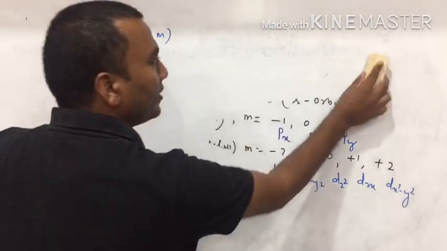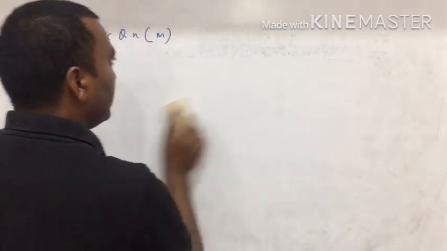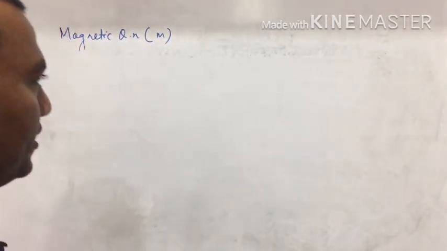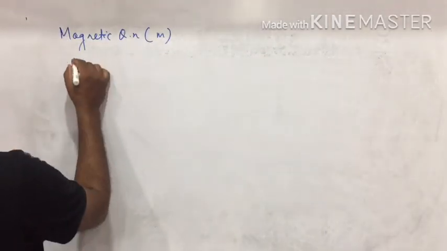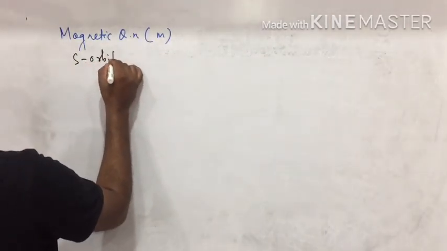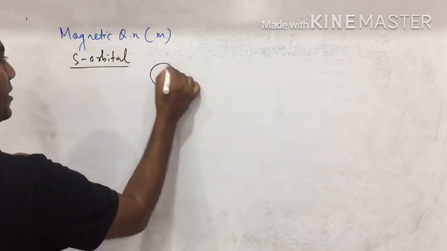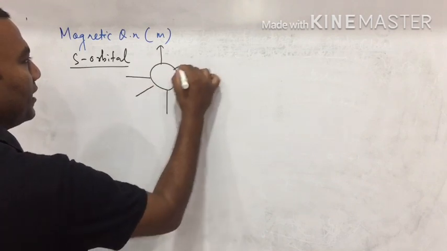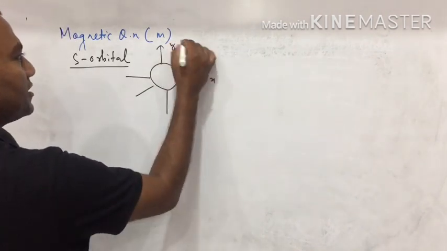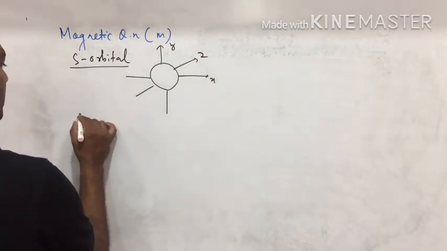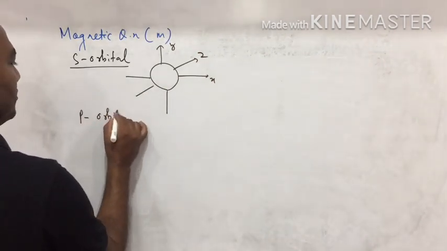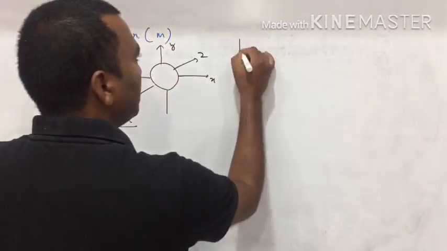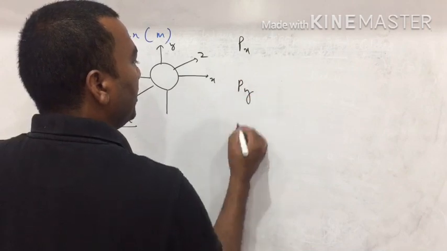So the subshells and orbitals, s orbital, p orbital, d orbital. What are their shapes? Shapes of different orbitals. The s orbital shape is spherical, along the x-axis, y-axis, z-axis. Similarly, p orbital. p means how many orbitals? 3: px, py, pz.